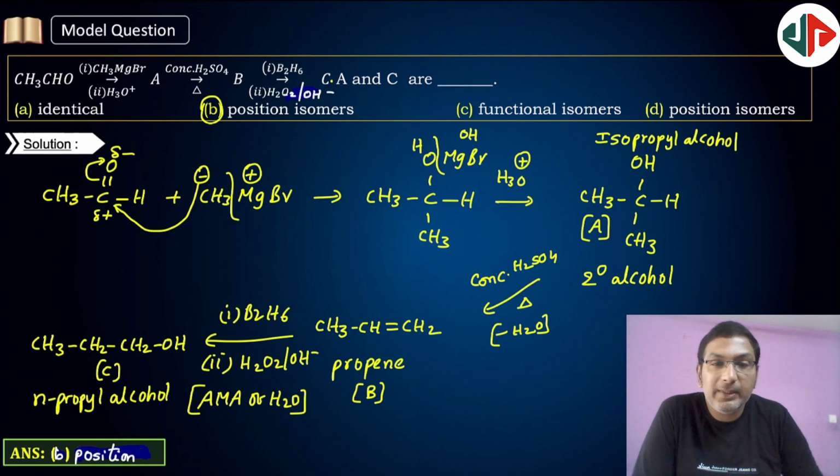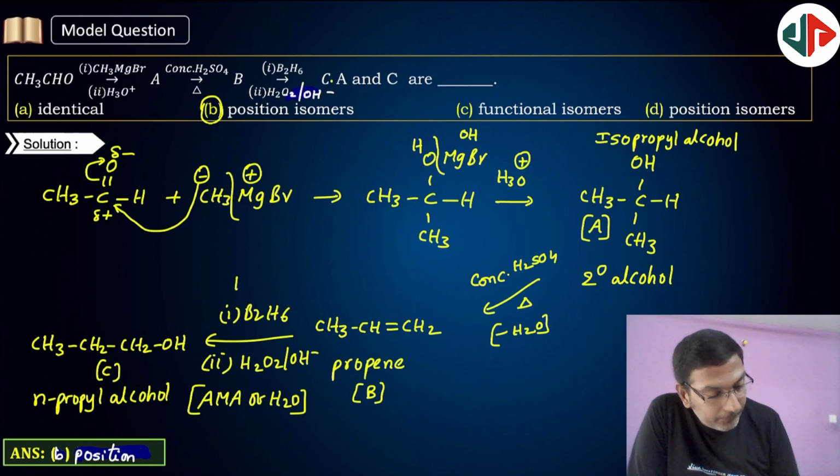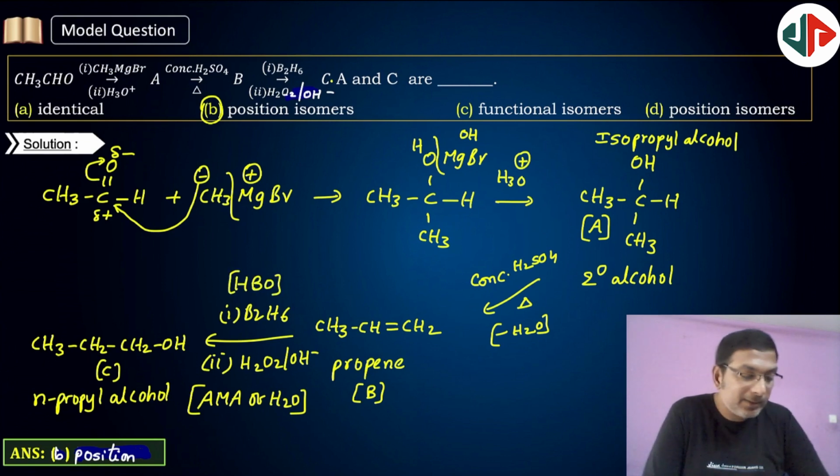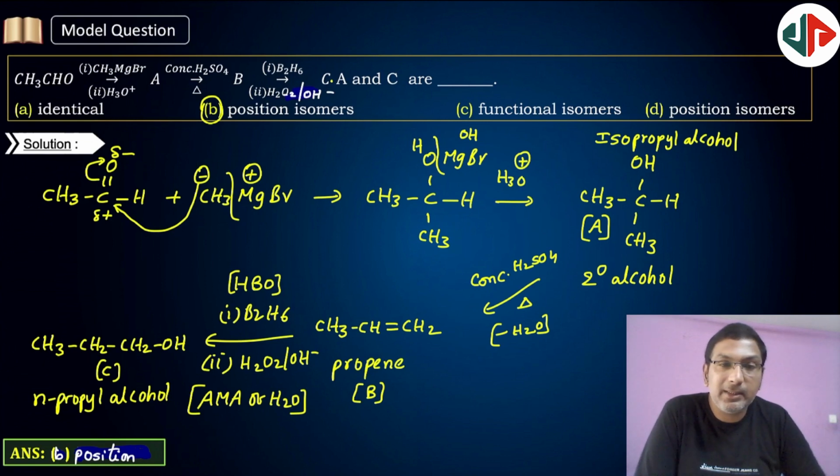Propene undergoes hydroboration oxidation (HBO) reaction to form N-propyl alcohol through anti-Markovnikov's addition of water. That means OH must be attached to the carbon atom carrying more hydrogens. So N-propyl alcohol and isopropyl alcohol are positional isomers.